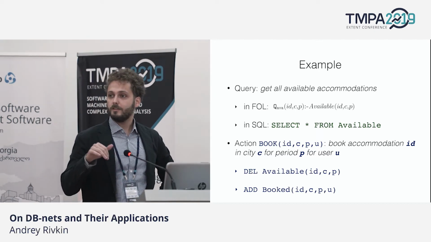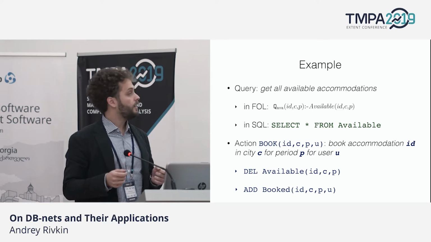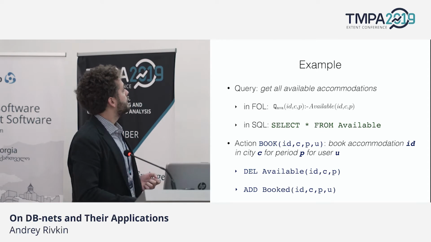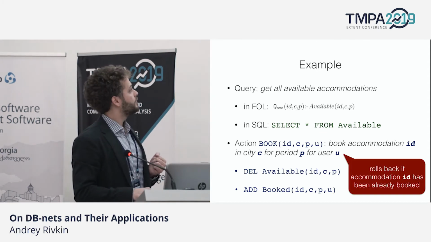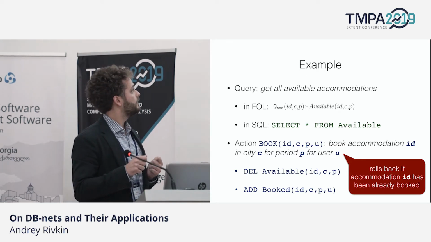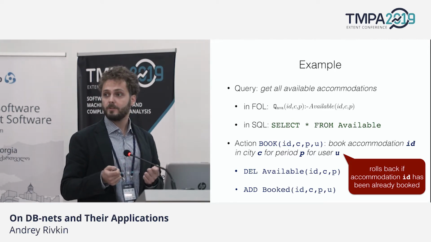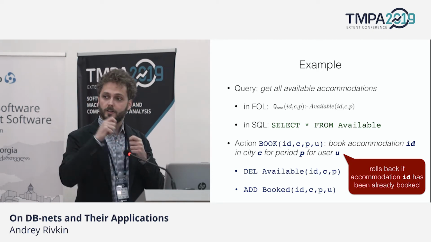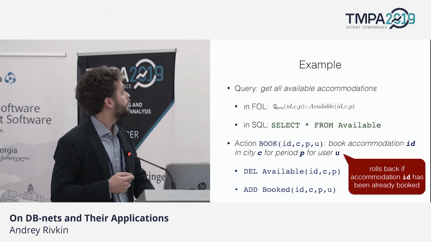It removes an entry from the table with available accommodations and adds an entry into the table with booked accommodation. That's pretty simple, right? And it will roll back if I try to book the same accommodation twice. That can actually happen because I have some volatile data that may store the ID of my accommodation, and I can do this operation twice if my system is not modeled correctly.